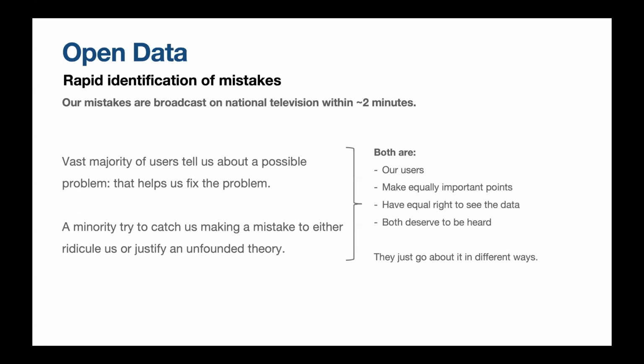So rapid identification of mistakes. Our mistakes are broadcast on national television within 2 minutes of us making them. So that's basically the gravity of the situation. If we make a mistake in reporting a headline metric for any reason, that mistake is read back to us on the BBC or Sky News or anything else in 2 minutes at most.